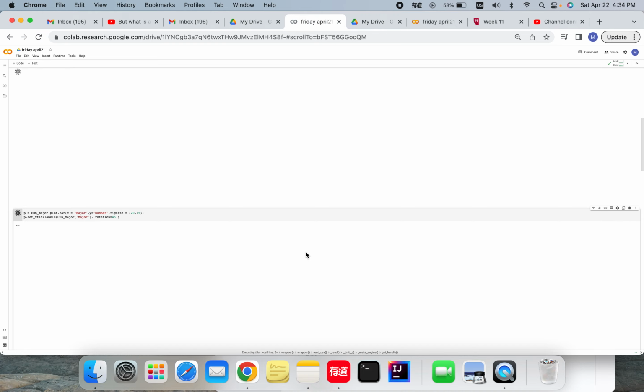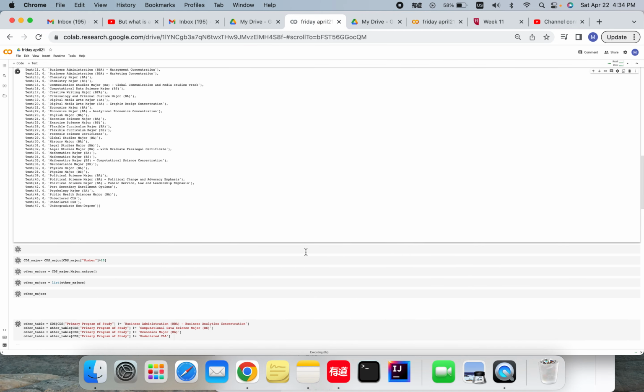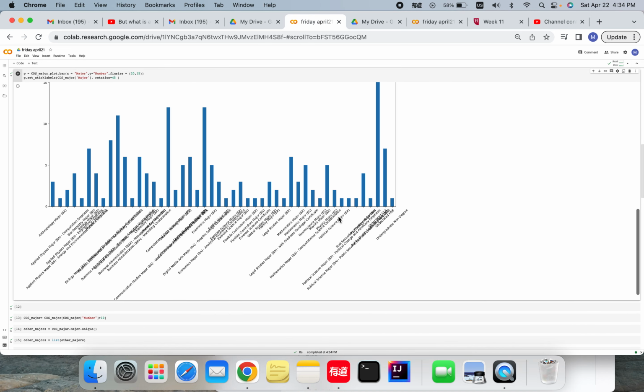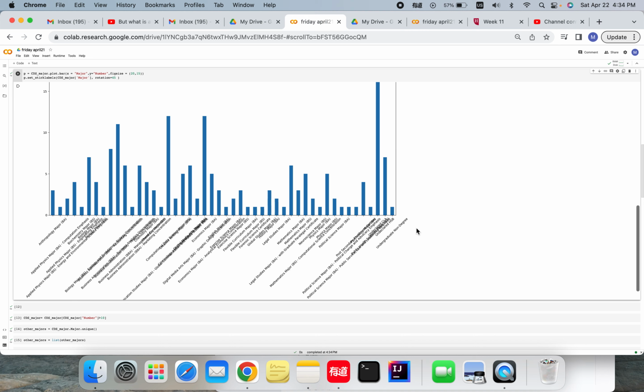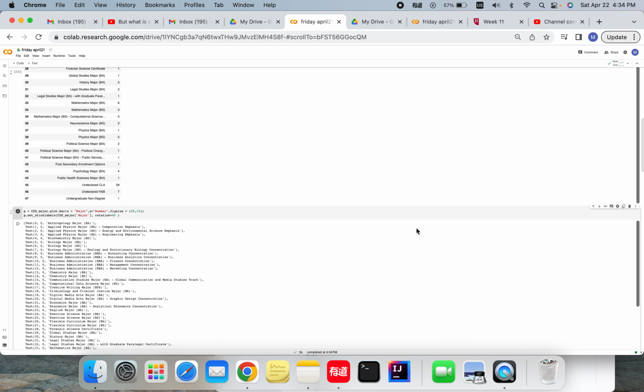Sometimes if the names are not extremely long, it's a good idea to tilt them. But if you tilt it in here, you can see the first one, anthropology, has its tail on the 3rd bar. So it creates so much space and overlapping, which is confusing, and the information is not clear.